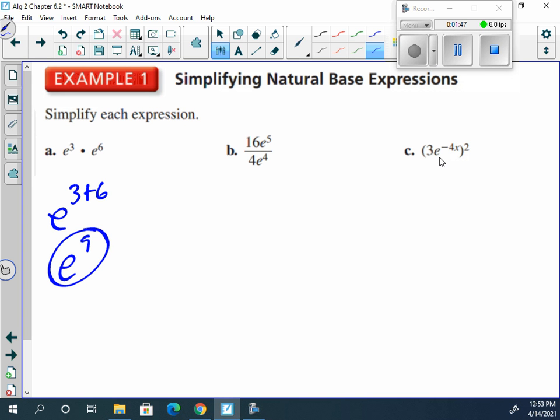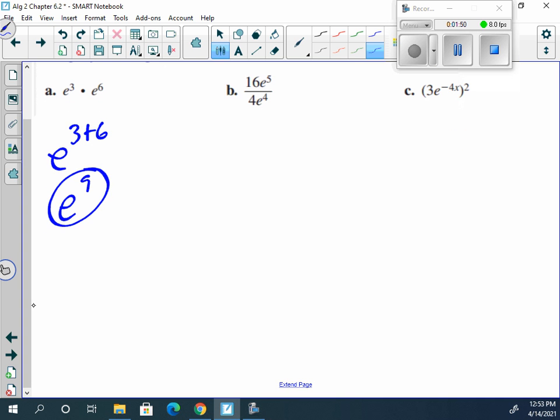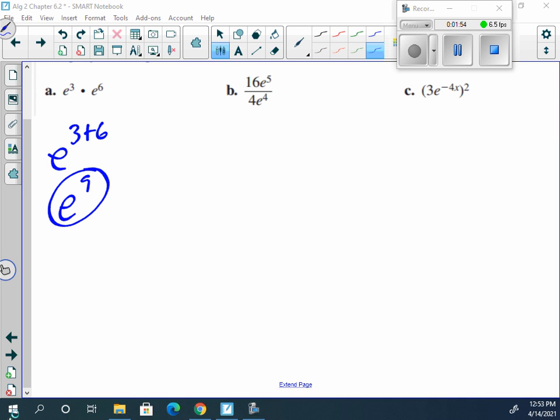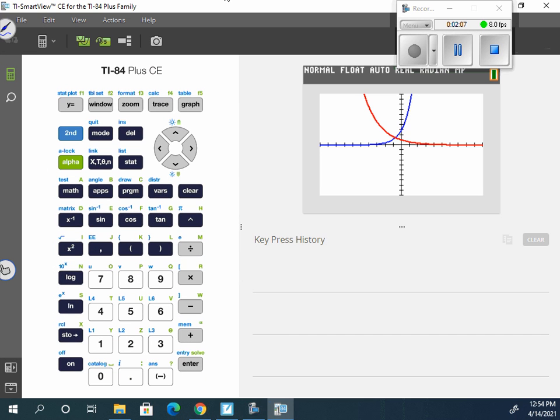Can we get an actual number? Yeah. In the calculator, you can type these in. Let's pull up a calculator. Well, there's two different e's on the calculator. One of them is the one we want, and then there is one that we technically don't want.